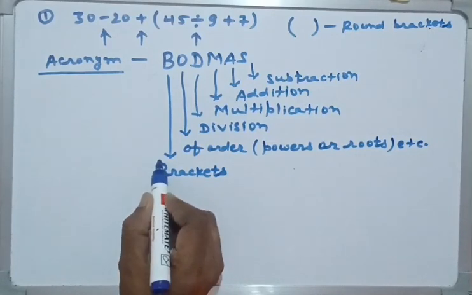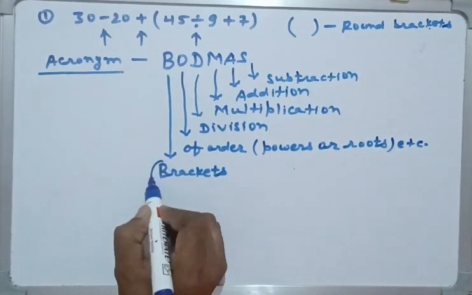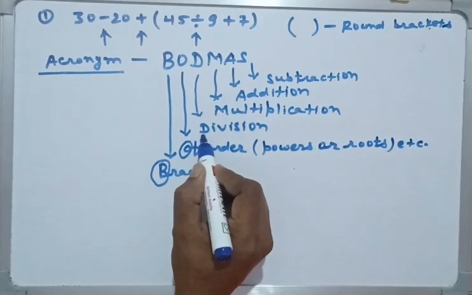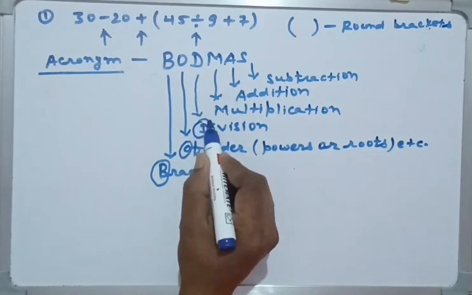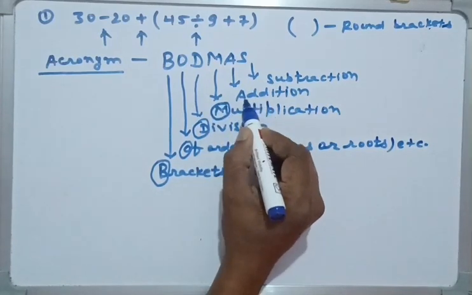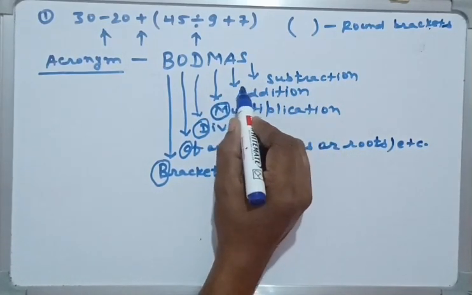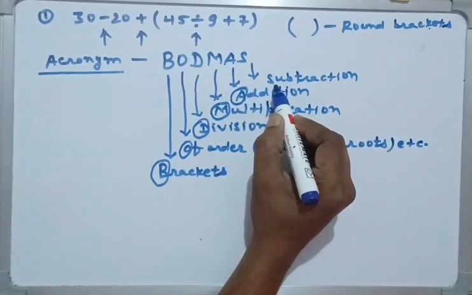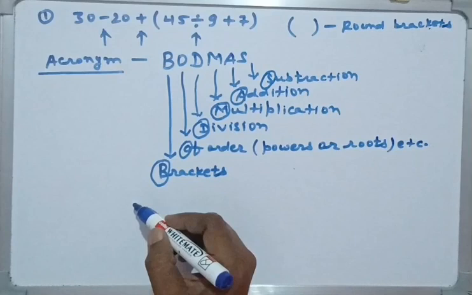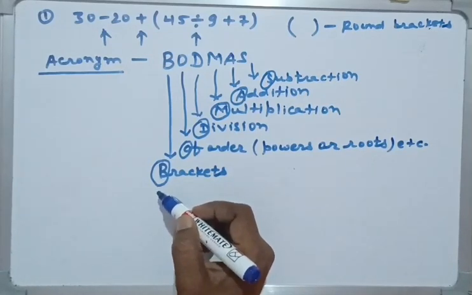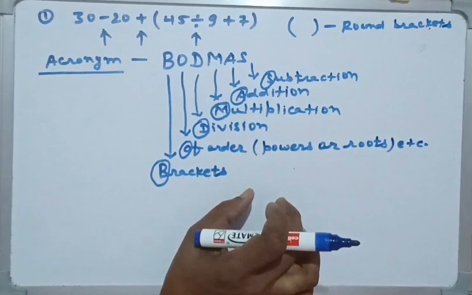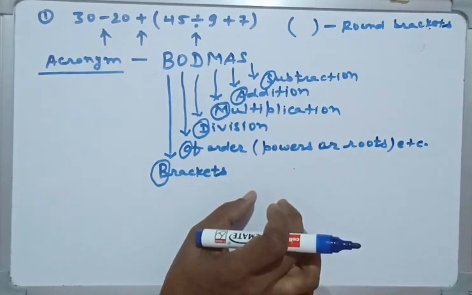Here, the first letter of bracket is B, the first letter of order is O, the first letter of division is D, in multiplication the first letter is M, in addition the first letter is A, and in subtraction the first letter is S. So guys, what you see here is that BODMAS is a word which is formed by taking the initial letters of a group of words.